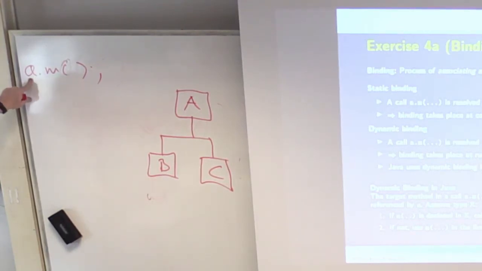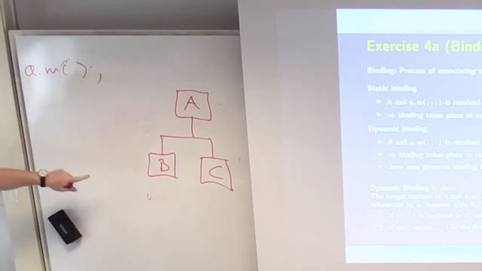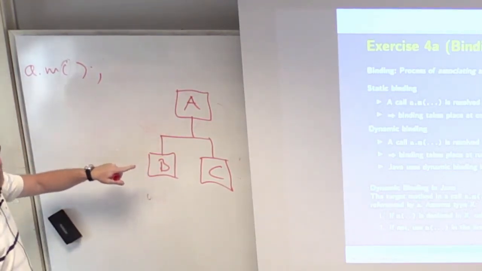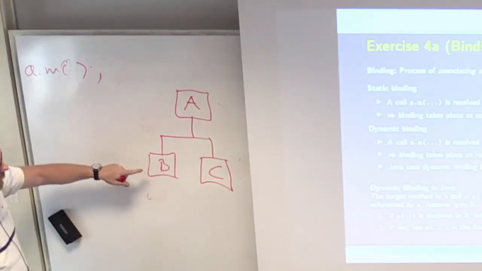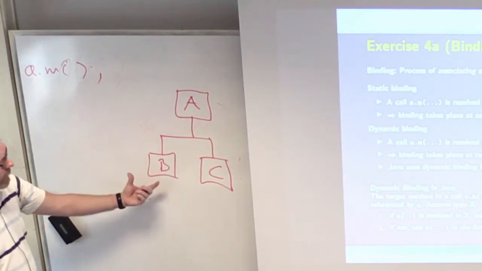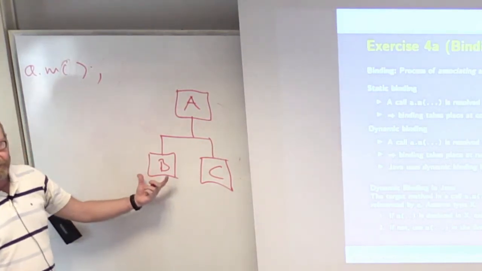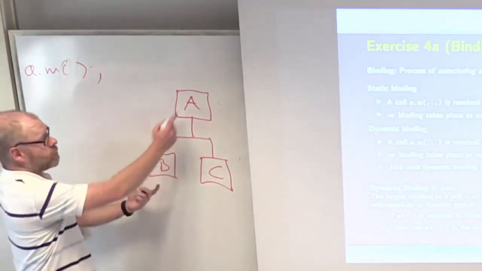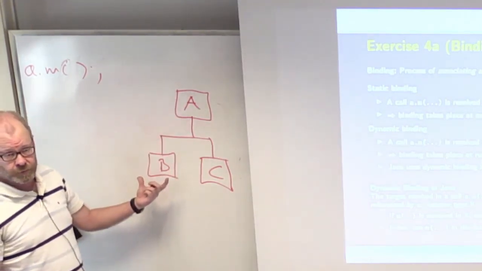If it is an object of type B, then we take a look at class B and see, do you have any M method defined here? If that is the case, then we are executing this method. Otherwise, we go up and look in A.